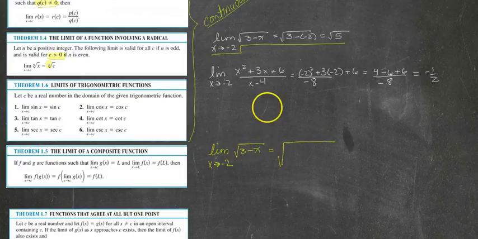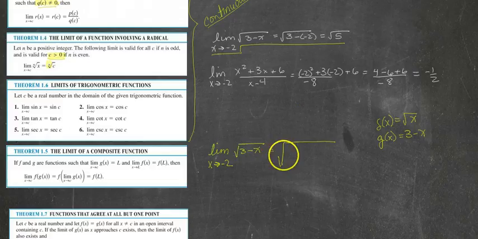In this case, we would be looking at f of x equals the square root of x, and g of x, the plug-in function, equals 3 minus x. So we're going to look at the square root of the limit as x approaches -2 of 3 minus x.